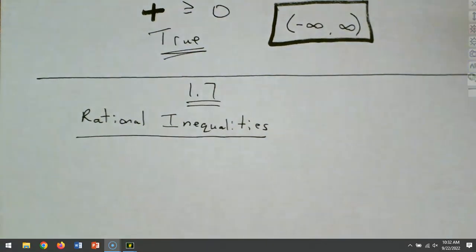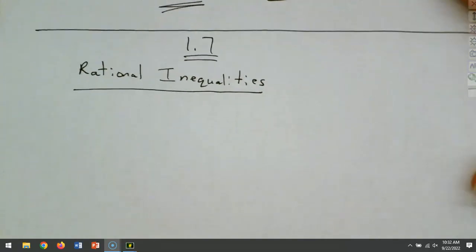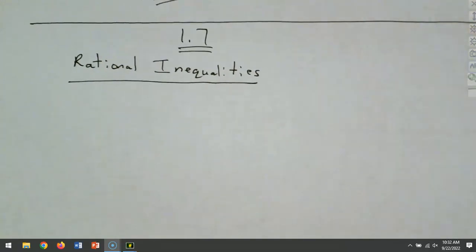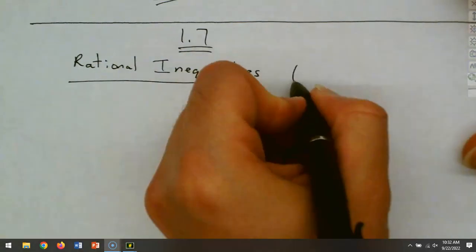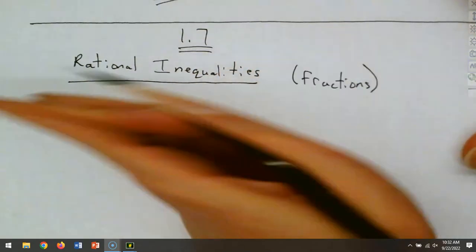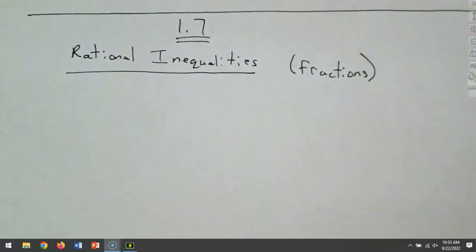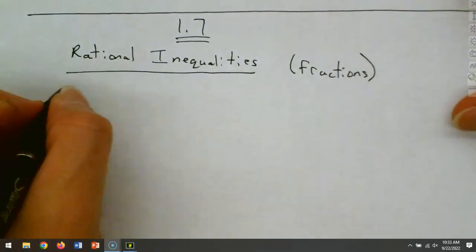Okay, so for rational inequalities, which is 1/7, and I know we have to go backwards. I just forgot that we didn't finish it, so I'm covering it now. The last part was rational inequalities. And when we look at rational inequalities, these are the fractions. Rational just means fractions. And we have a step-by-step procedure for these.